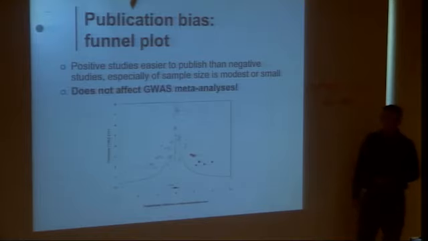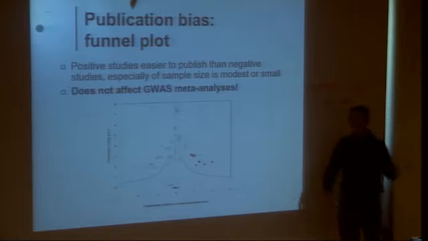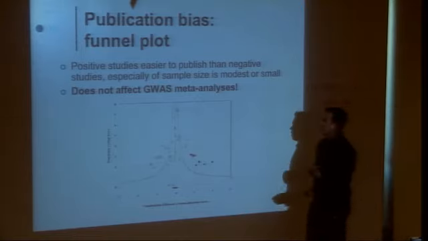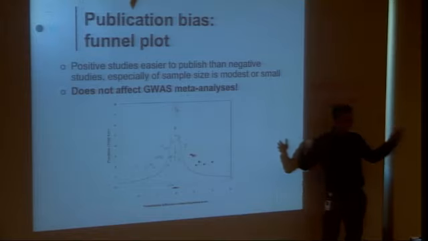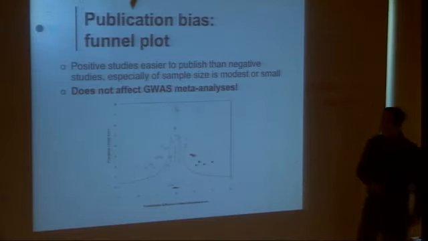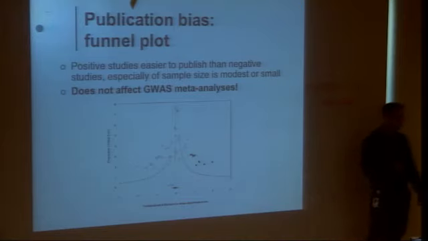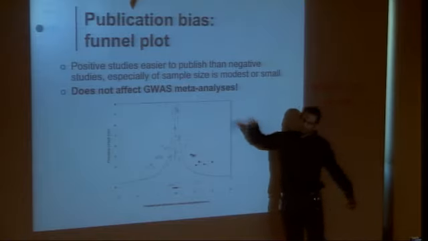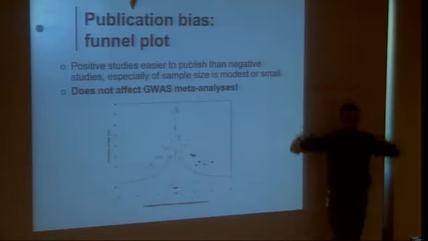But one of the nice things with GWAS being an agnostic tool to just search across the genome is that we're just looking everywhere. And so we're already paying such a penalty for all this multiple testing. One of the nice things that comes out of it is that when we've looked at everything, we can look at everything across all these studies.